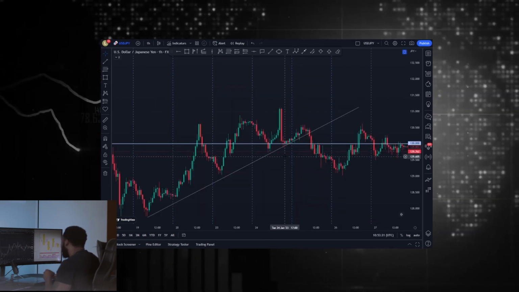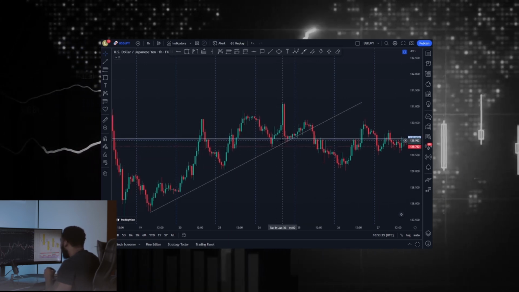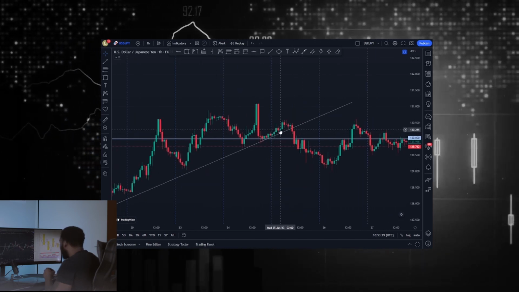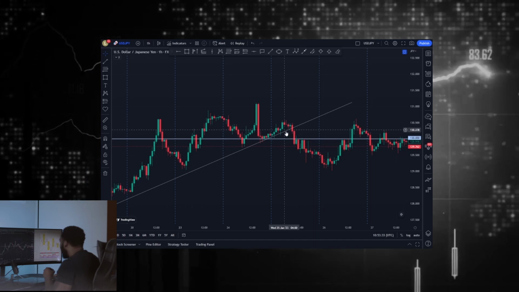And we can see evidence of that by looking at the trend line, because as price came and kept touching this trend line, buyers were getting involved in this market thinking that the market was going to go up.